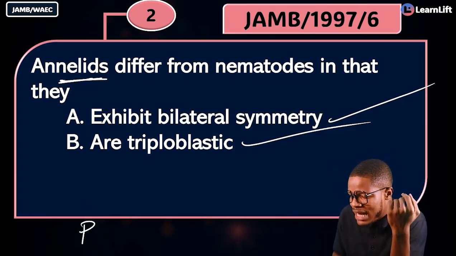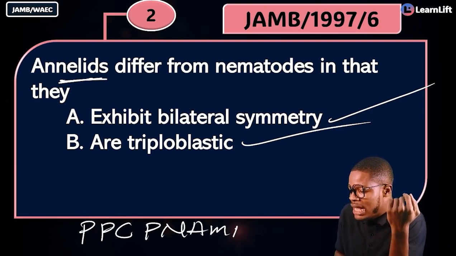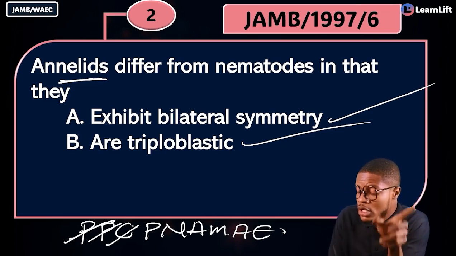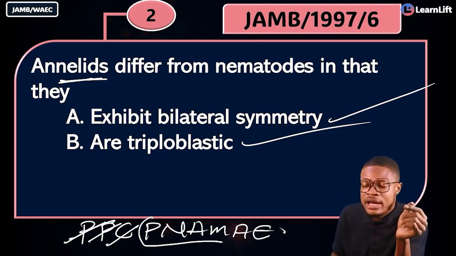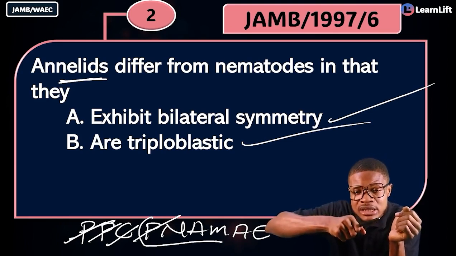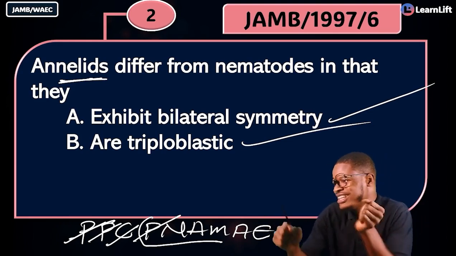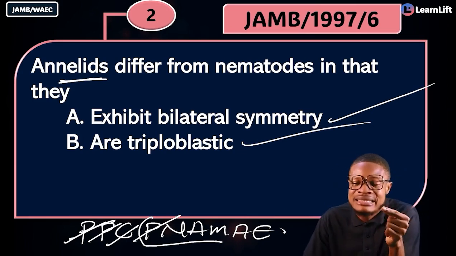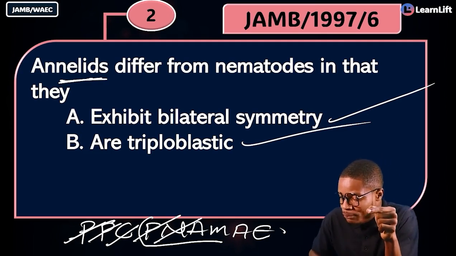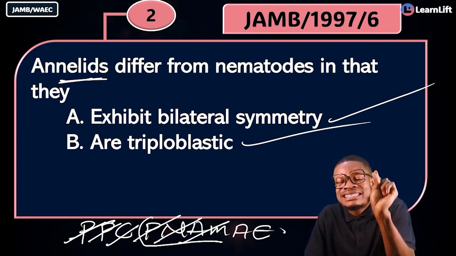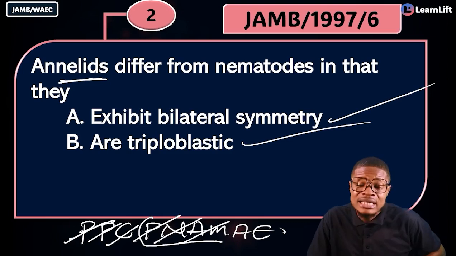Remember your PPCP: protozoa, porifera, coelenterata. After coelenterates, you come to platyhelminthes, which are triploblastic. Coelenterates, the cnidarians, are diploblastic. Platyhelminthes, nematodes and annelids are all triploblastic.